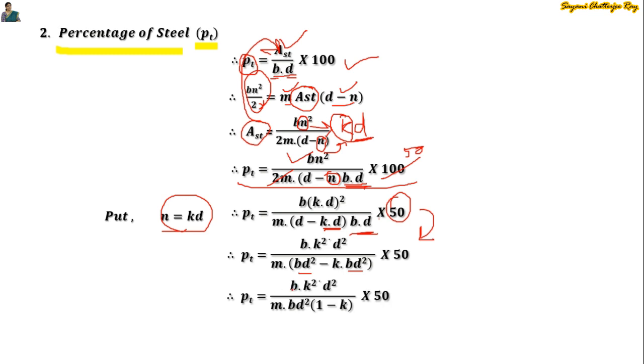Now here you can see in the numerator and in the denominator several terms are common. So I will cancel those terms. So B gets cancelled, D square gets cancelled, and the remaining terms are k square divided by m into 1 minus k into 50. So PT now becomes equal to 50k square divided by m into 1 minus k.